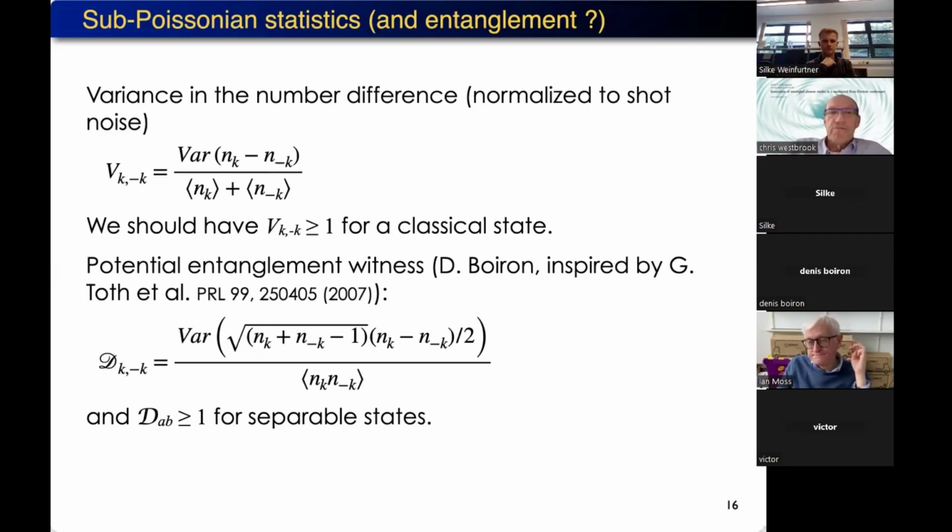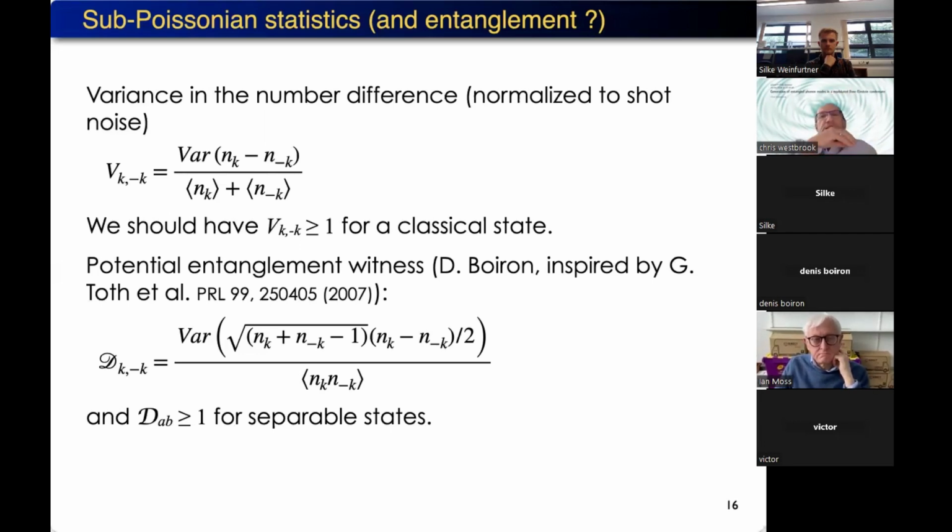We don't actually expect it to really vanish, because we have a finite detection efficiency. If it's a 20% detection efficiency, which is kind of what I suspect it is, that means this variance cannot go below 1 minus 20%, that's to say 0.8, okay?